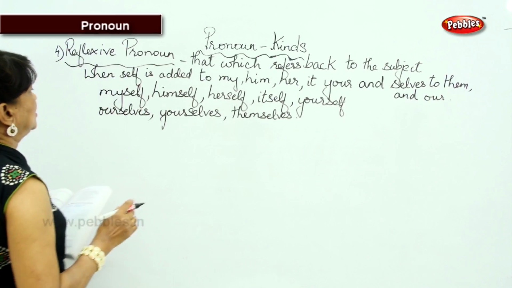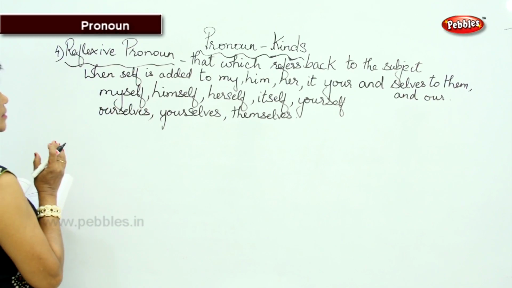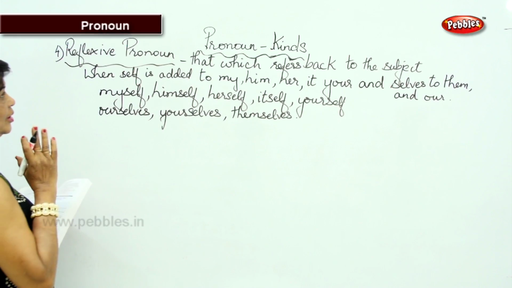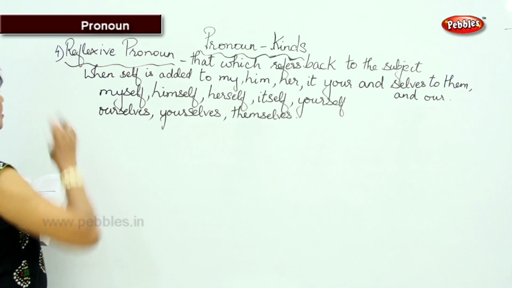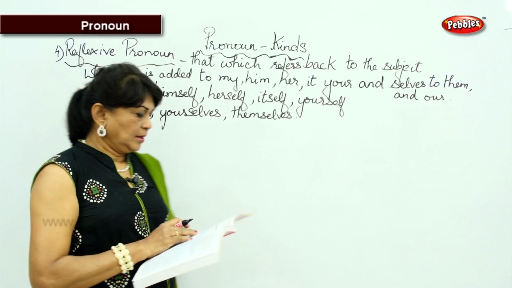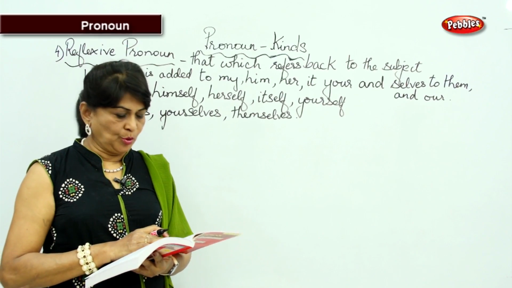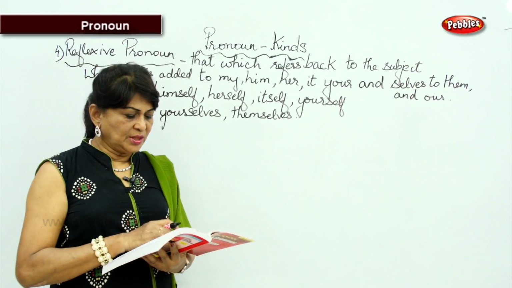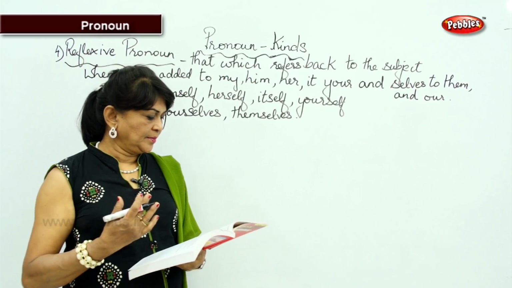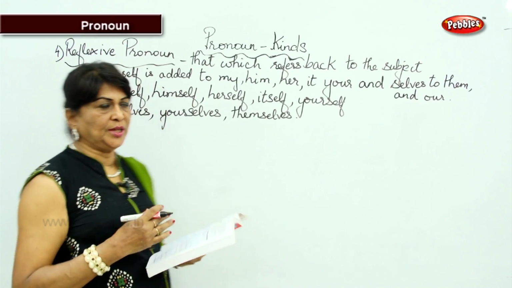Okay. See, it reflects back. She herself could not understand. So, it goes and comes. So, that is called reflexive pronoun. They are called reflexive pronoun when the action done by the subject turns back upon the subject.